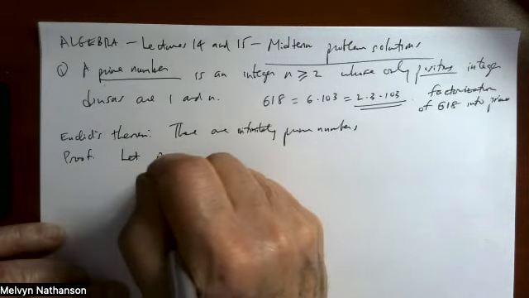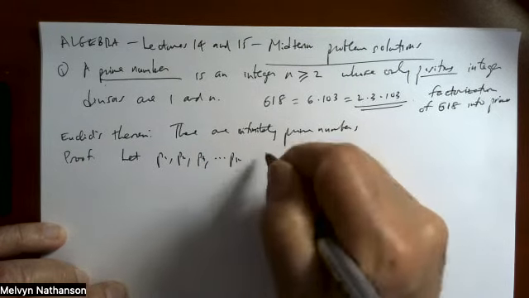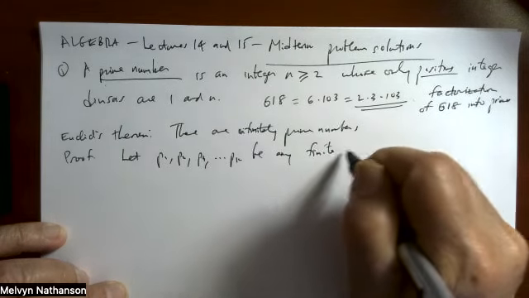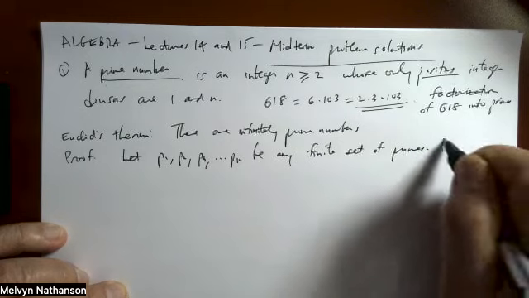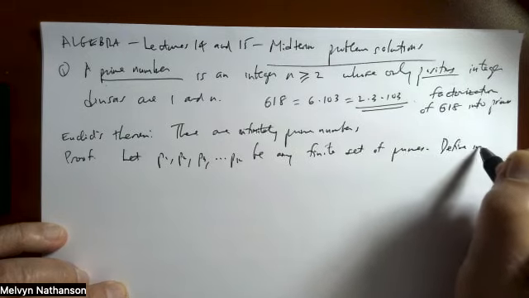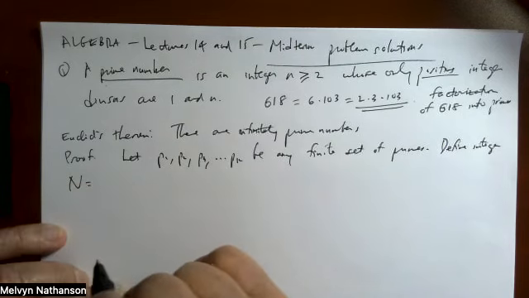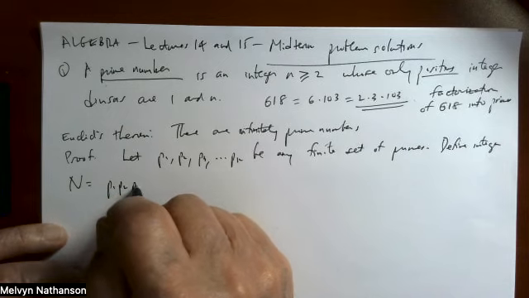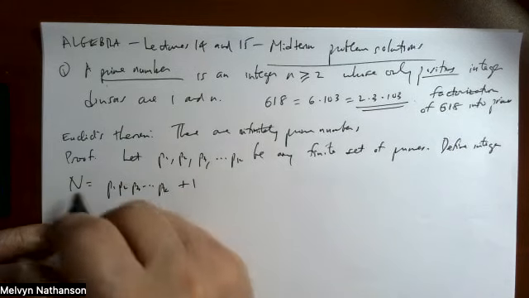Let P1, P2, P3, up to P sub k be any finite set of primes. We define an integer, capital N, which is the number you get when you multiply all of these primes together, P1, P2, P3, up to P sub k, and you add 1.